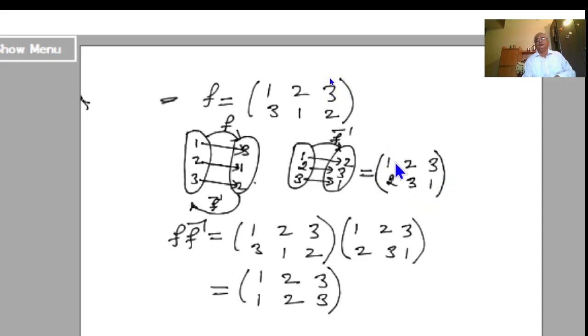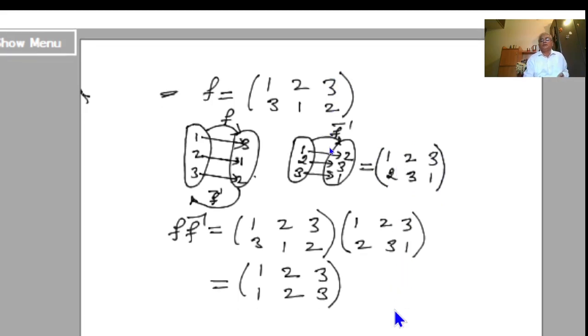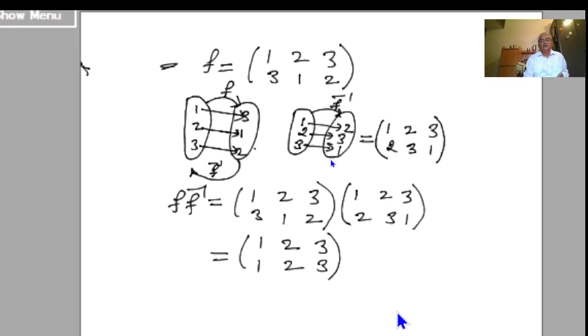How to find this F inverse? First I interchange the rows. To find F inverse, in F we have 1, 2, 3 in the first row, 3, 1, 2 in the second row. I will write second row elements in the first row, 3, 1, 2, and then we write first row elements.